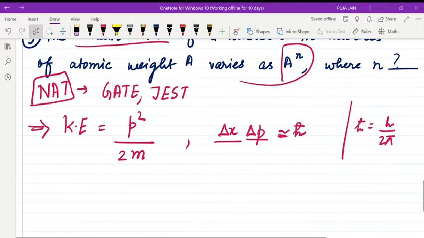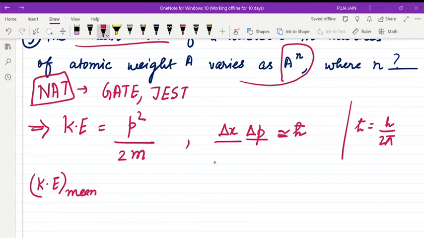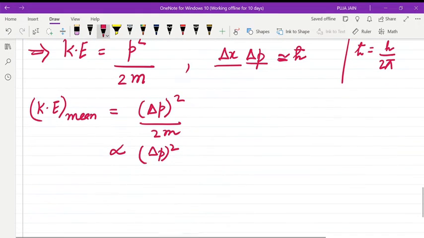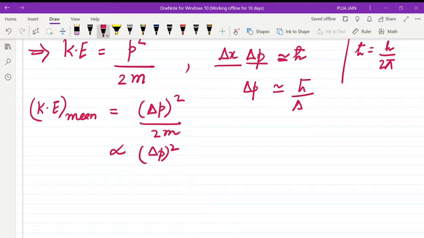Okay, so now mean kinetic energy can be written as delta p square by 2m. So basically we can say that the mean value of kinetic energy is directly proportional to delta p square. And delta p from here can be written as h cross by delta x.